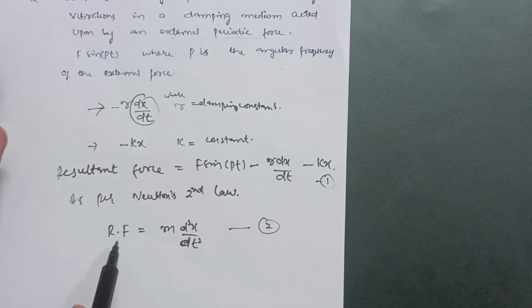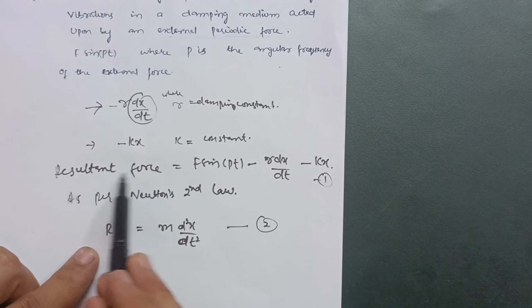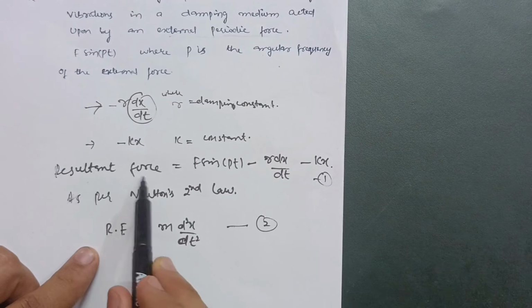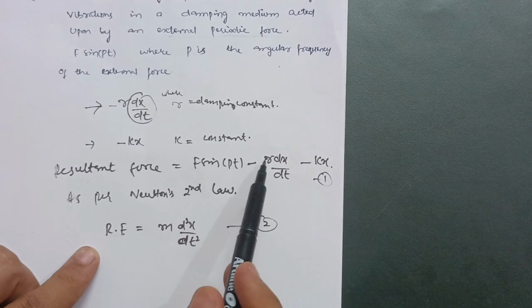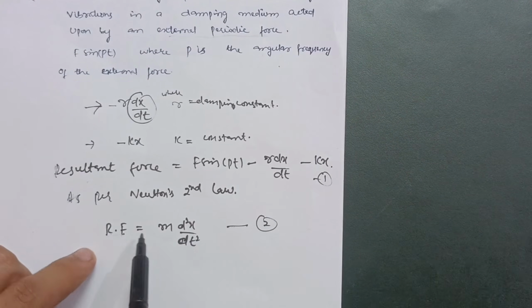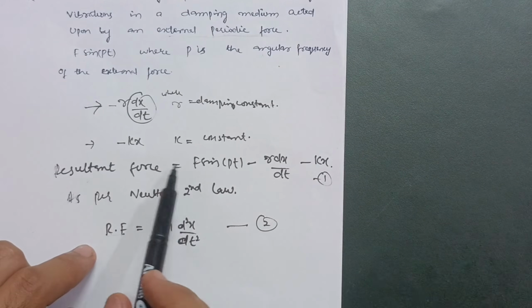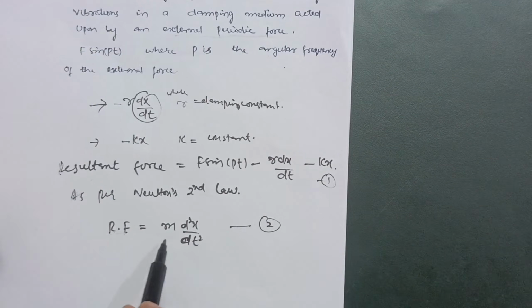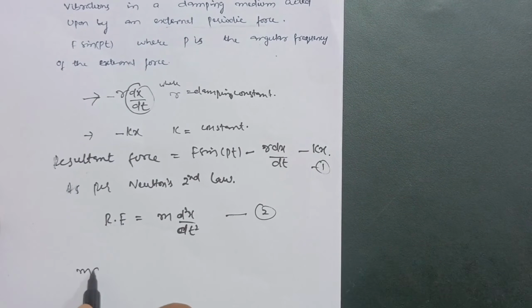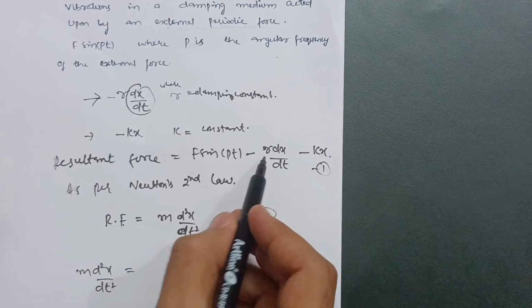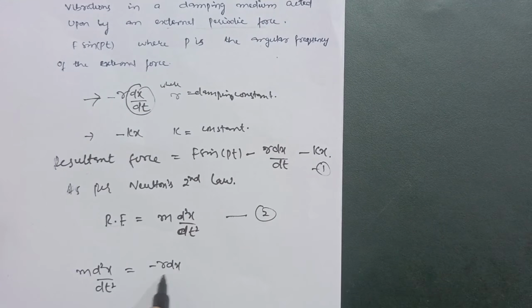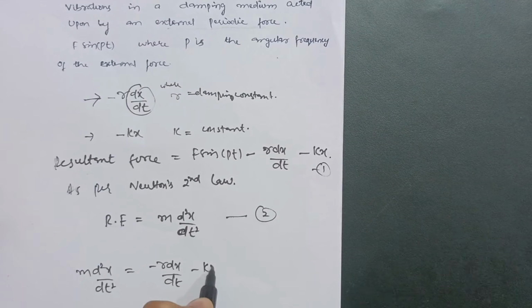Then, instead of this resultant force, here is also RF, so the left hand sides are equal. If left hand sides are equal, then definitely the right hand sides are also equal. So I can write m d square x upon dt square equals minus r dx upon dt, then minus kx, then plus F sin pt.